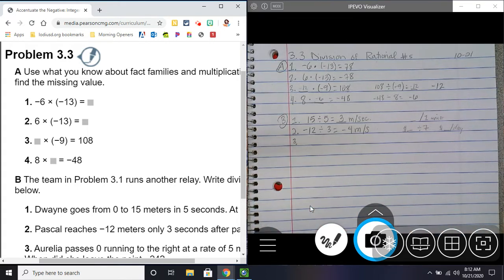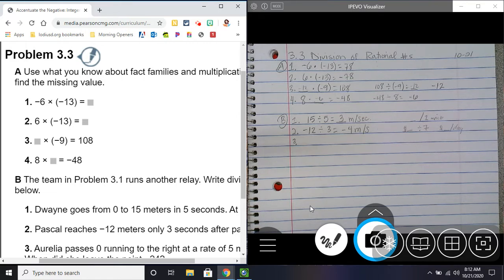Number 3, Aurelia passes 0 running to the right at a rate of 5 meters per second. When did she leave the point -50? When did she leave the point -24? So there's a couple extra questions in there that we have to figure out. So that's going to take us a little bit longer. So first we need to do the first question.